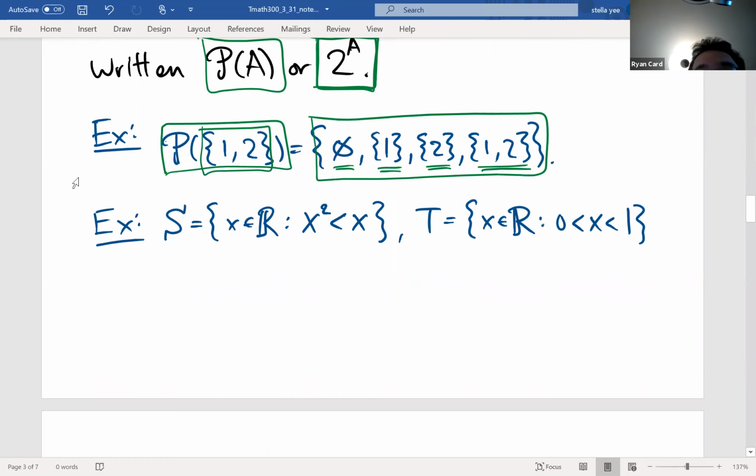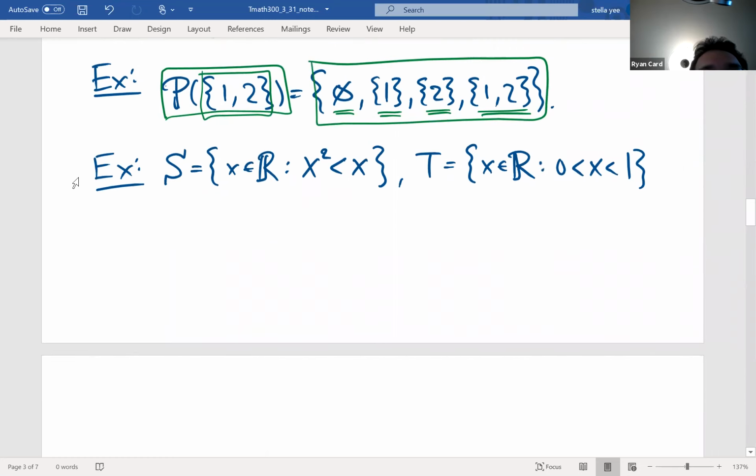So let me prove some things. Let's say I have 2 sets that are described in 2 different ways. They're both using set builder notation. S is any real number x such that x squared is less than x, and the other set T is any real number between 0 and 1.